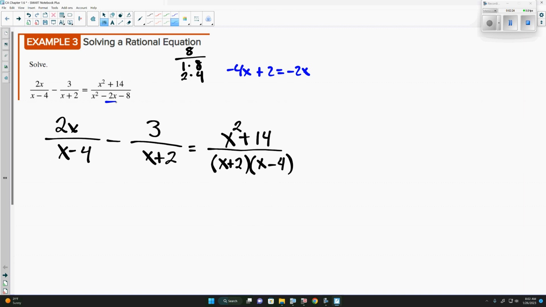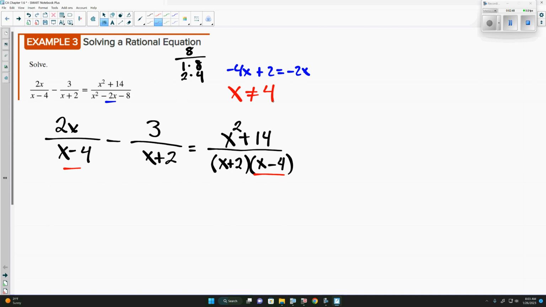Now, before we start actually solving it, we do have some restrictions. Essentially, what x cannot be, because we cannot have a value of x that will make the denominator 0. If we look at x minus 4, what value of x will make that 0? It's 4, because 4 minus 4 is 0.